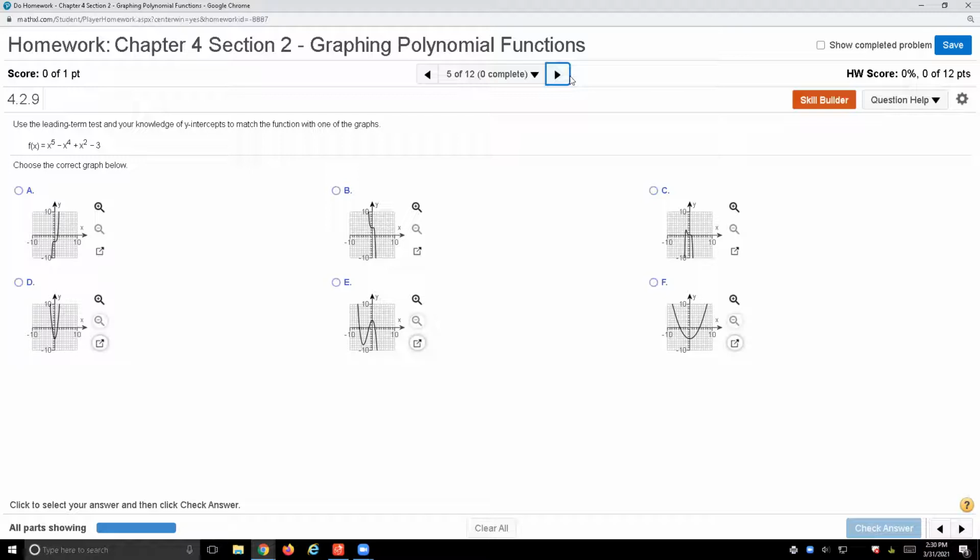It's going up, because the leading coefficient is +1. So the graph has to be increasing: down on the left, up on the right. So it cannot be D, C, or F. It has to be one of these three. Well, B is negative, so that can't be right. E is negative, that can't be right. So it has to be A. It also crosses the y-axis at -3. So the answer is A.